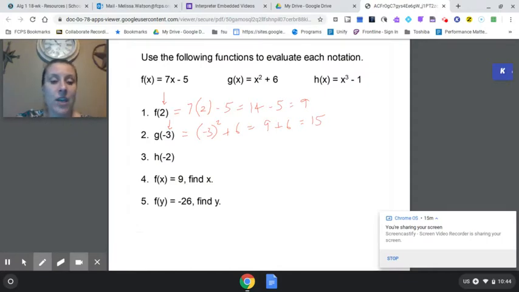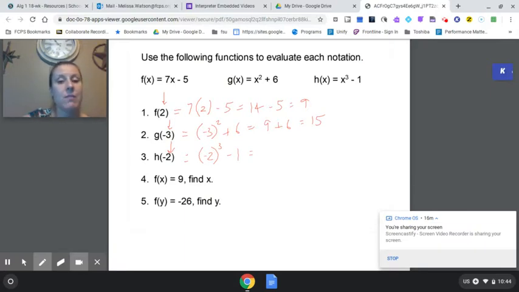We're going to evaluate h at -2. So that's asking us to put -2 into h's function. H says x cubed minus 1. So if we plug in -2 in for x, that would be -2 cubed minus 1. Again, be careful of signs here. A negative times a negative makes a positive, but then we're multiplying it by another negative.